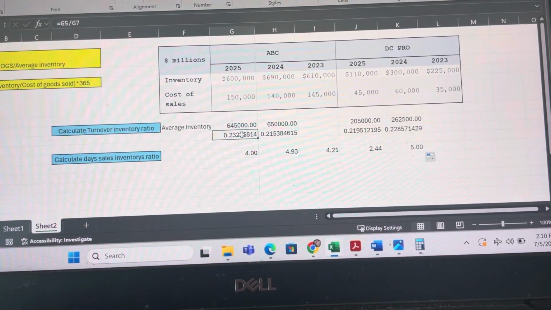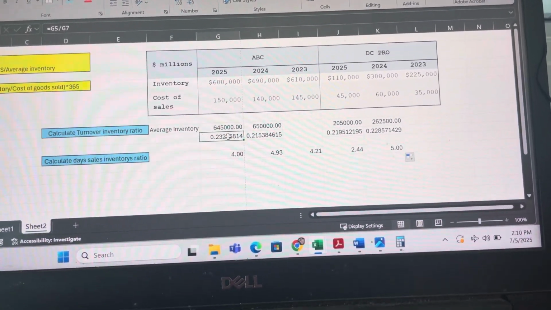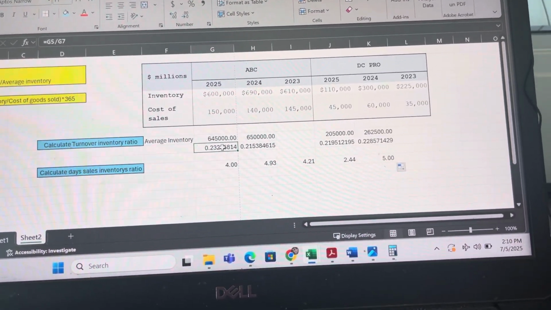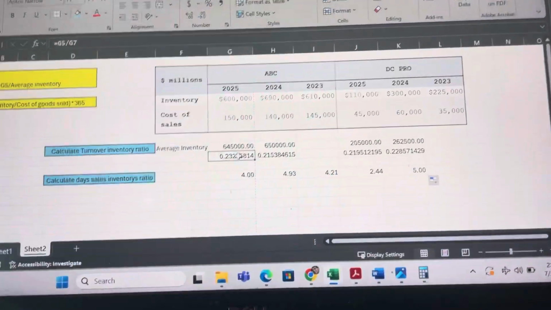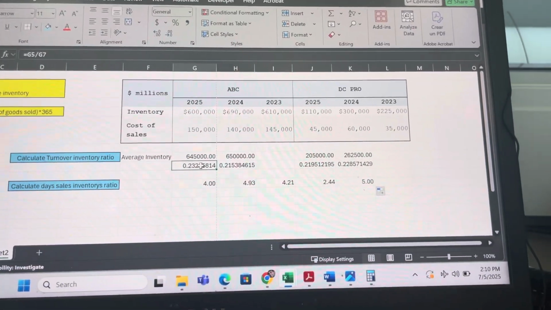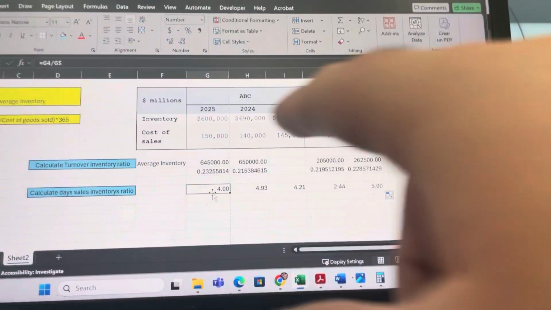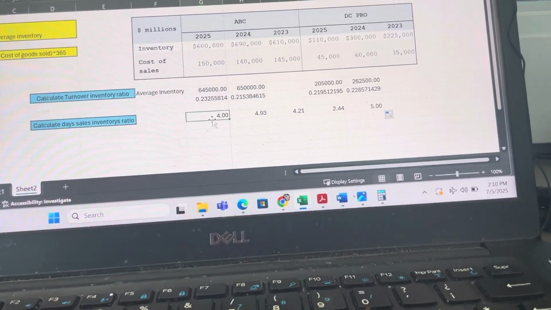Apple had a very tiny turnover ratio. I guess if you have a lot of stock and you sell it all that you predicted to sell, it's not that bad. But in theory, good data would be to sell inventory 4 to 6 times a year.